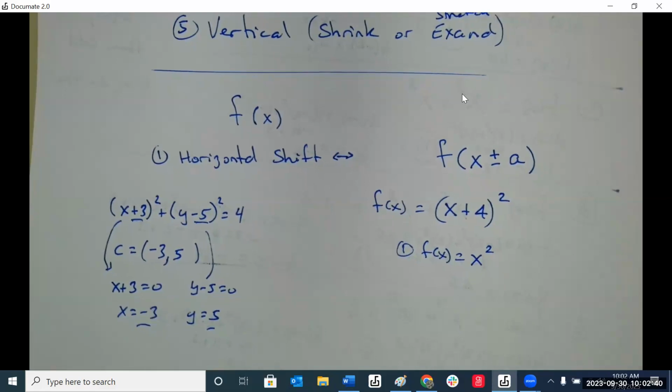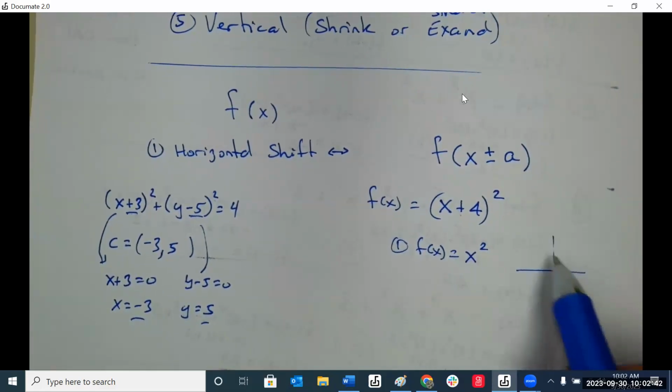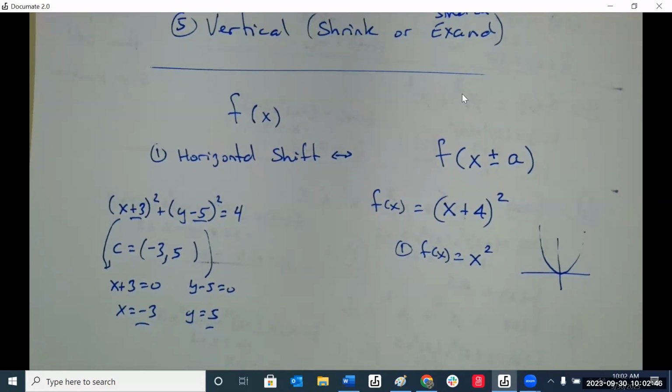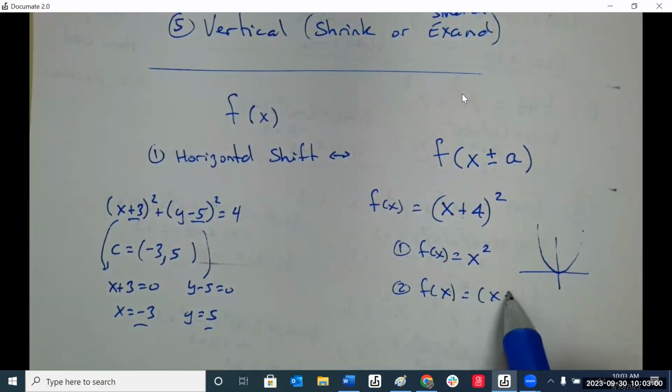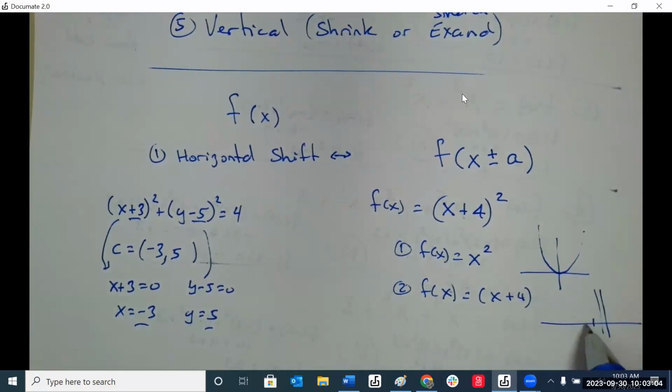What does that function look like? It's the parabola. Again, this is what I told you. The sooner you memorize all those tables, the charts, it makes it easier for you. X squared is a parabola. Because we have an x plus 4, that means our graph shifts to -4.